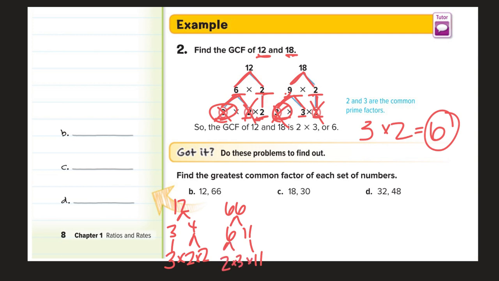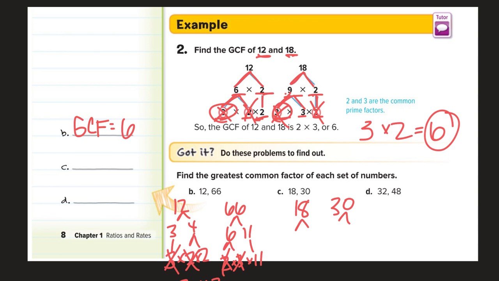Those are both prime. So they both share a 2. And they both share a 3. So our greatest common factor for B, our GCF, is equal to 6. Let's do 18 and 30.